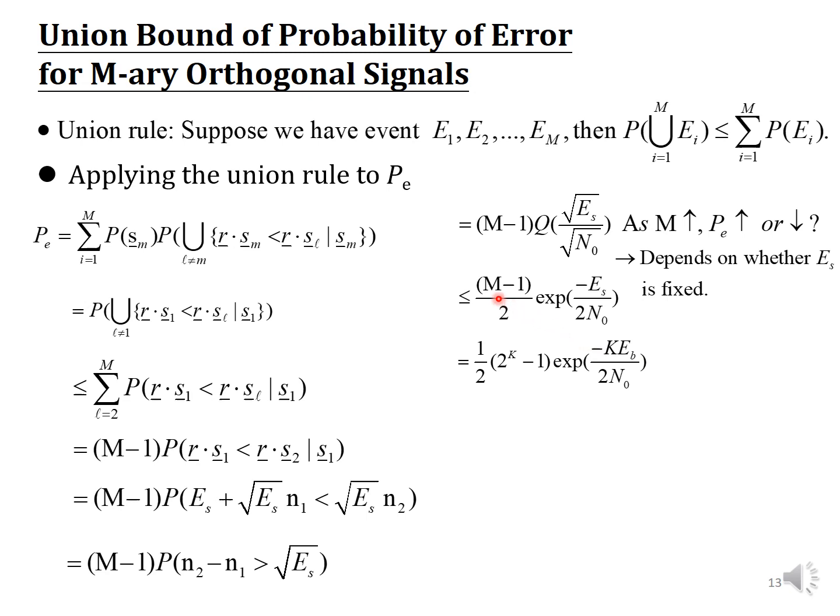We can rewrite M in terms of k: M equal to 2 to the k. And the symbol energy Es equal to k times Eb. So we can rewrite this union bound in terms of k.